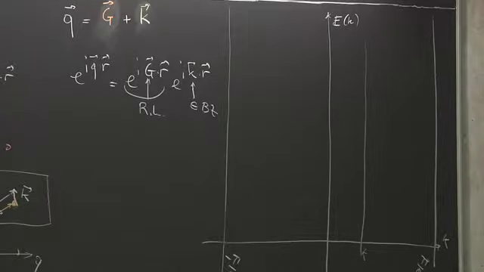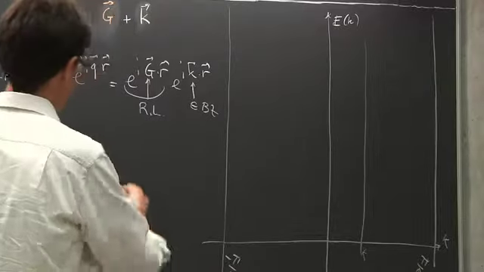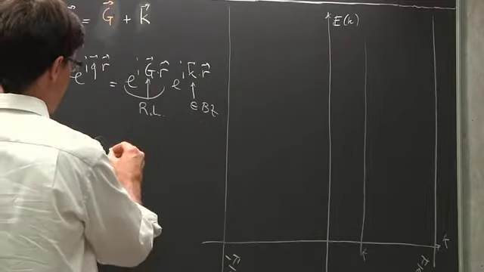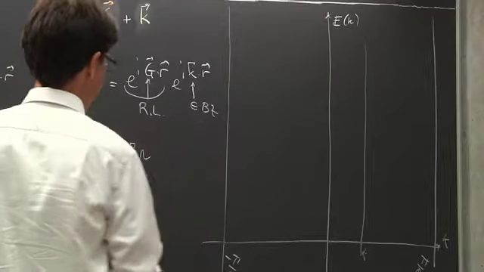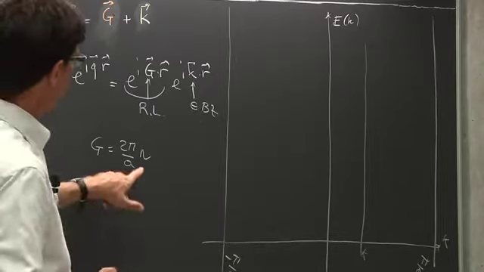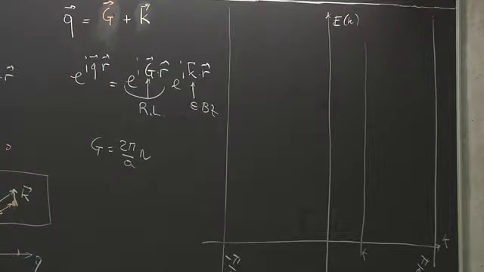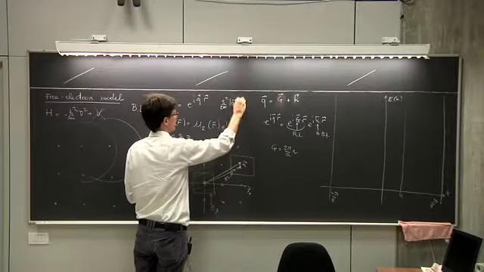In one dimension, what are the possible values of G? In one dimension, the possible values of G are 2π over a times n, right? So in terms of energies, I never wrote the energies here, but obviously the energy is ħ squared over 2m q squared. That's the energy.